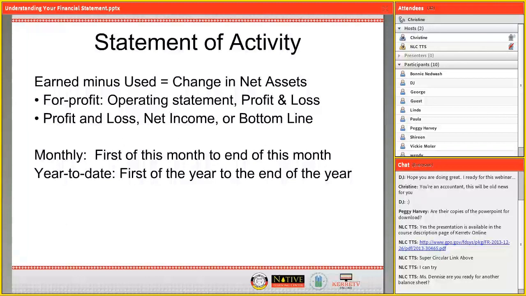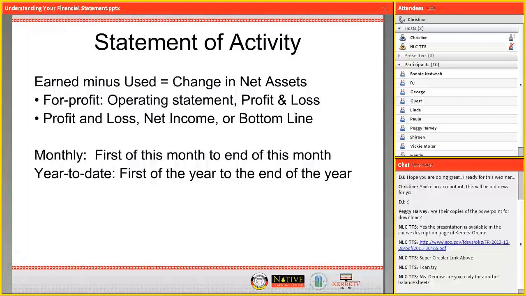Earned minus used equals your change in net assets. If it's a for-profit, you're going to call it an operating statement or a P&L statement. Net income, bottom line, all of those things. The only difference is in government, your goal is not to earn a profit.